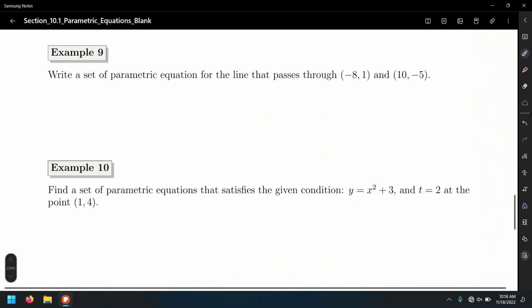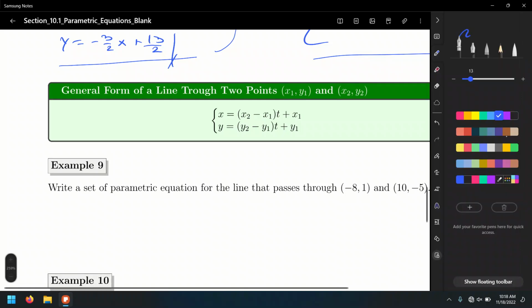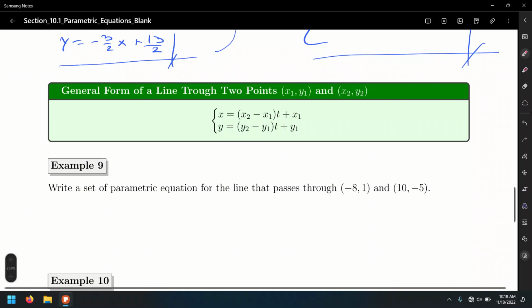Okay, so let's write a set of parametric equations for the line that passes through the points (-8, 1) and (10, -5). Let's label these values: x1, y1, x2, y2.